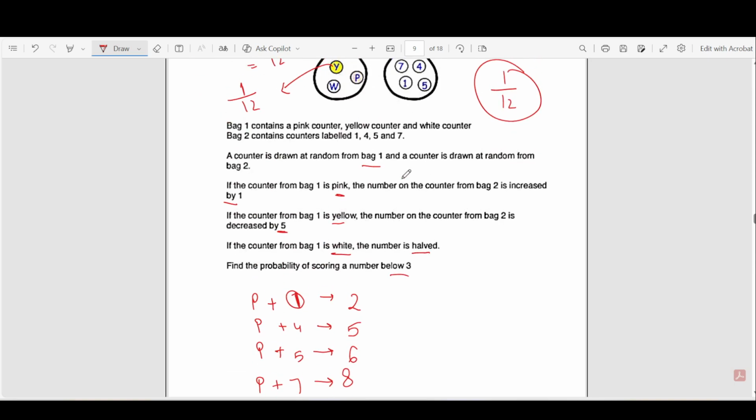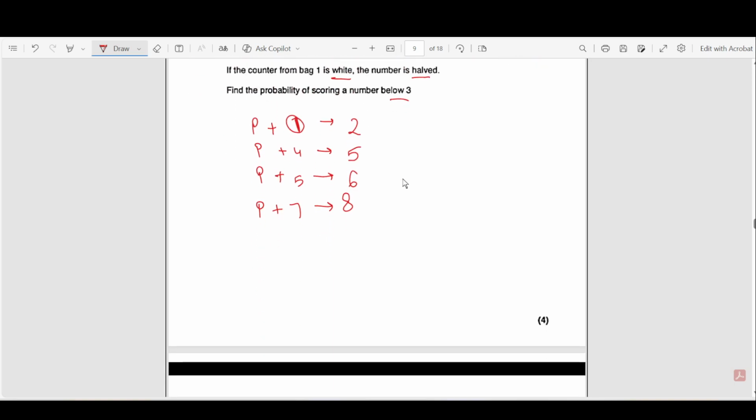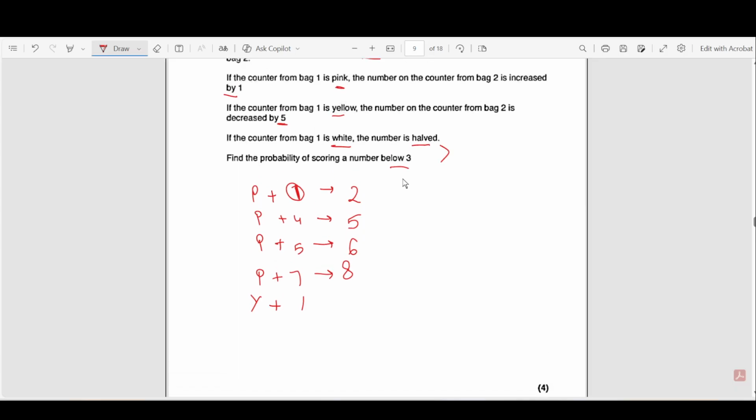Now let's take yellow. For yellow, the number on the counter from bag 2 is decreased by 5. Yellow and 1: 1 minus 5 gives negative 4, right? Yellow and 4: 4 minus 5 is negative 1.